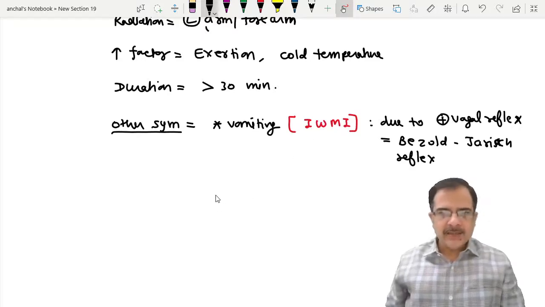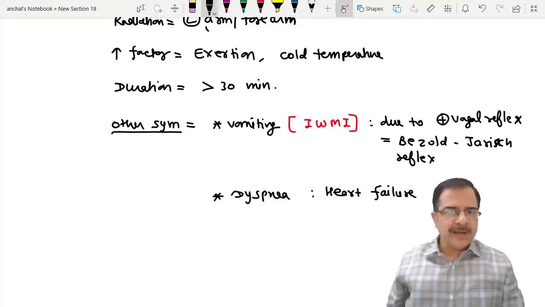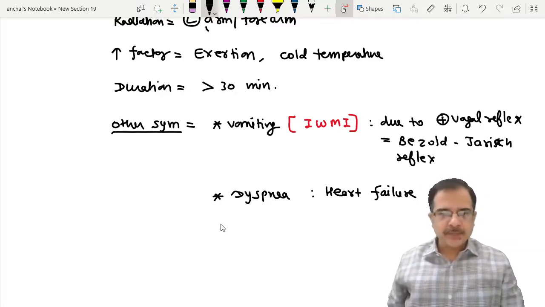The other symptoms include dyspnea. Dyspnea is because of heart failure, which is usually common in cases of left ventricle MI, that is anterior wall myocardial infarction.